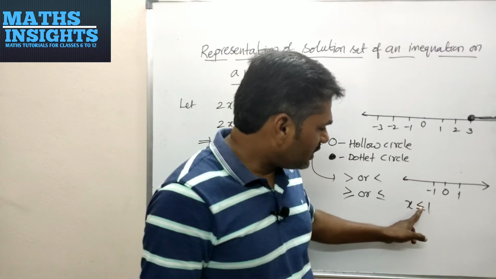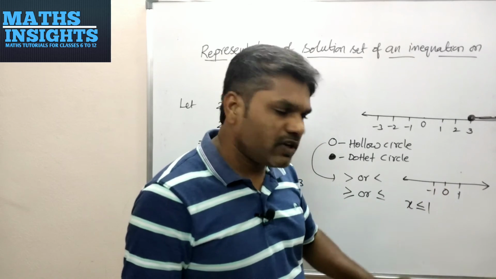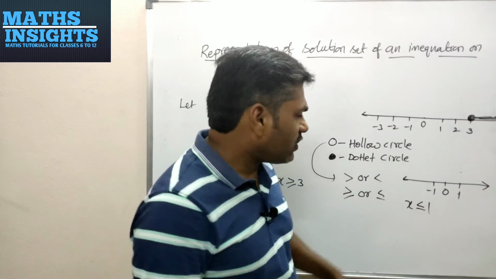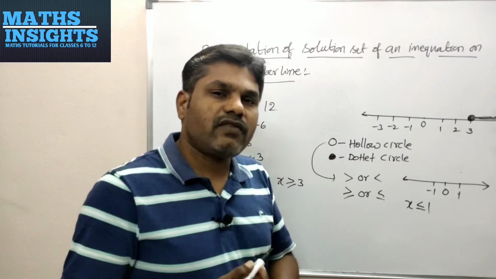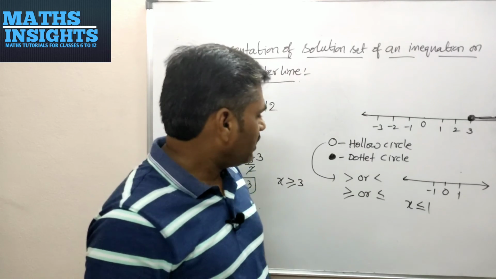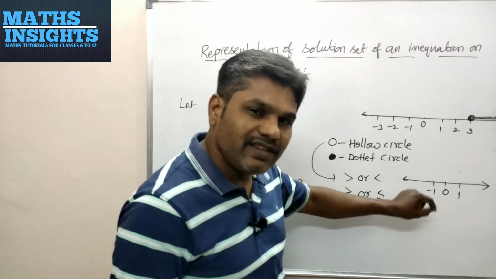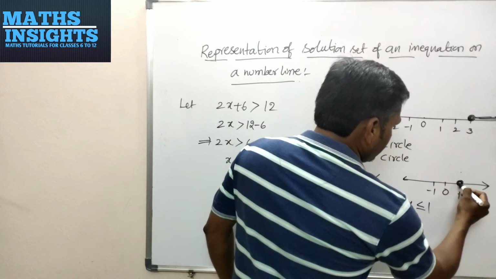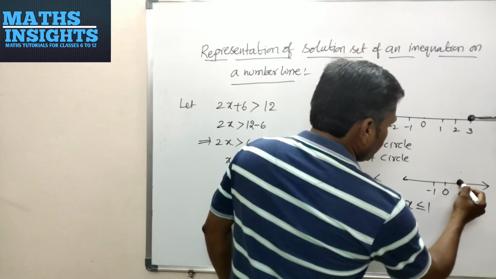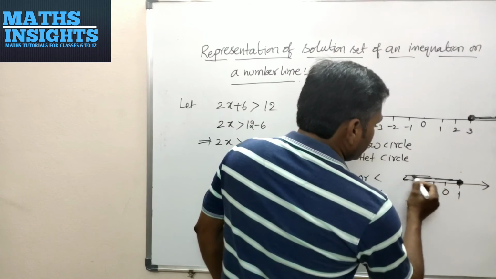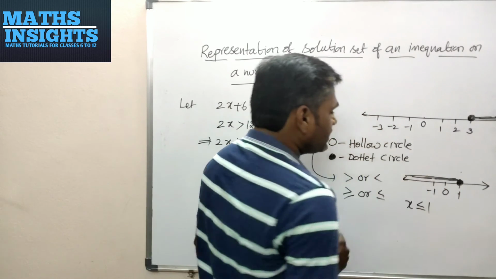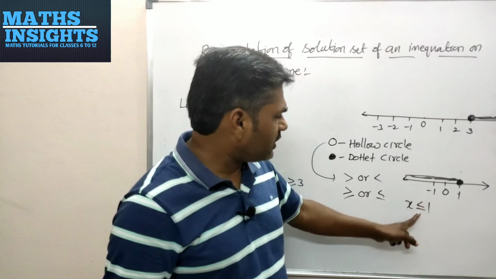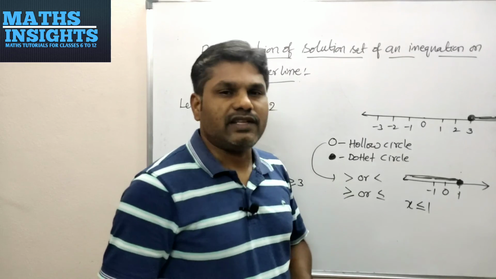When you have less than or equal to, 1 is also counted, and since we want lesser values, you have to move to the left side, and include this value also. Include means a dotted circle. From this you go on to the left side. This region represents the solution region of this inequation. Whatever value you take here will satisfy this inequation.